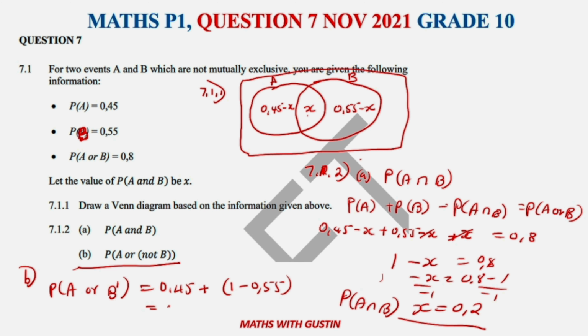So 0.45 plus this one, when you add everything together there, you should be able to get 0.9. And that's how you would deal with question B.